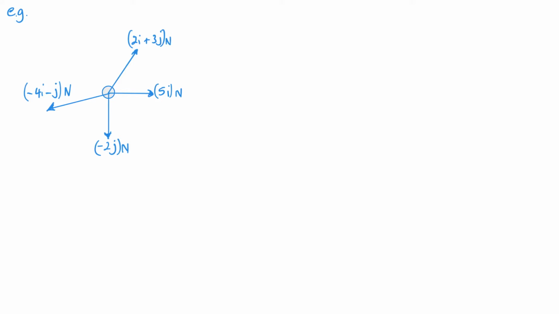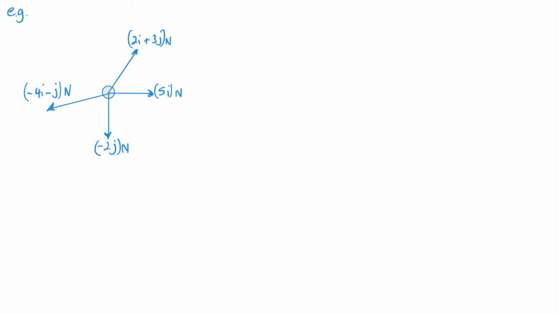Remember that i is horizontal of unit size 1 and j is vertical of unit size 1. So all I want to do here is resolve both horizontally and vertically.